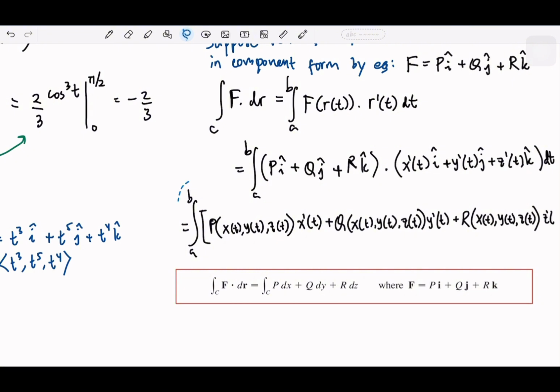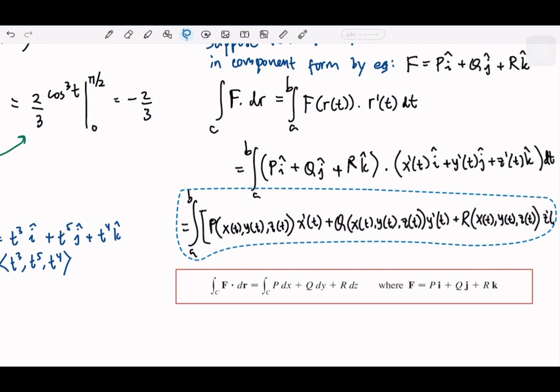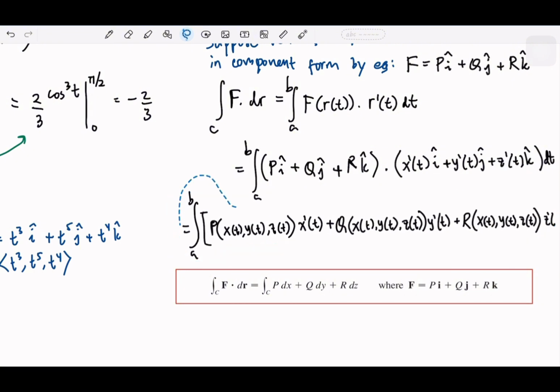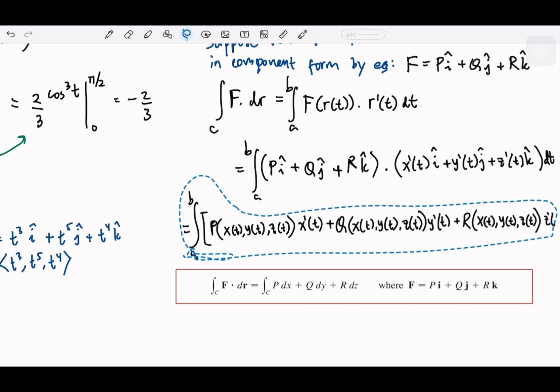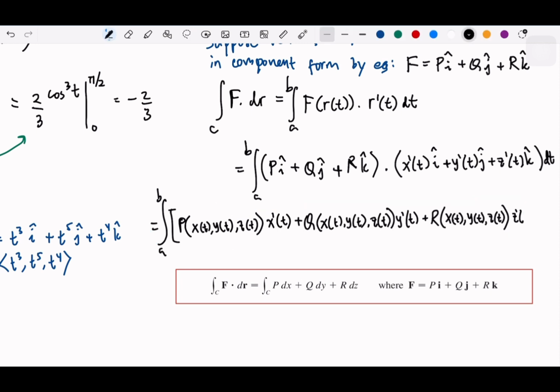Okay, I need more space. And then close bracket dt.